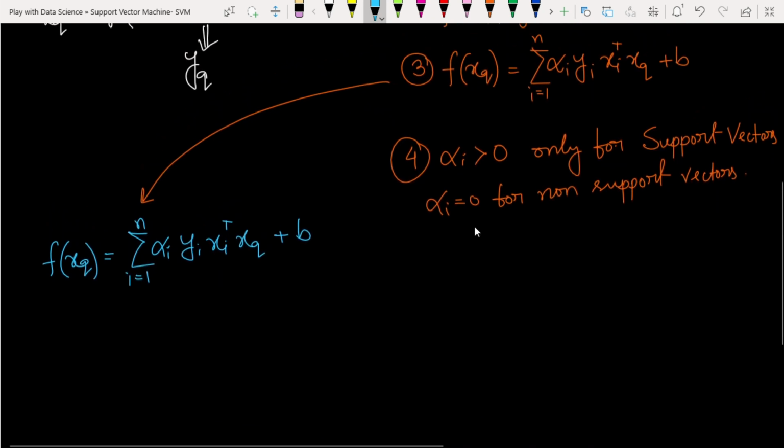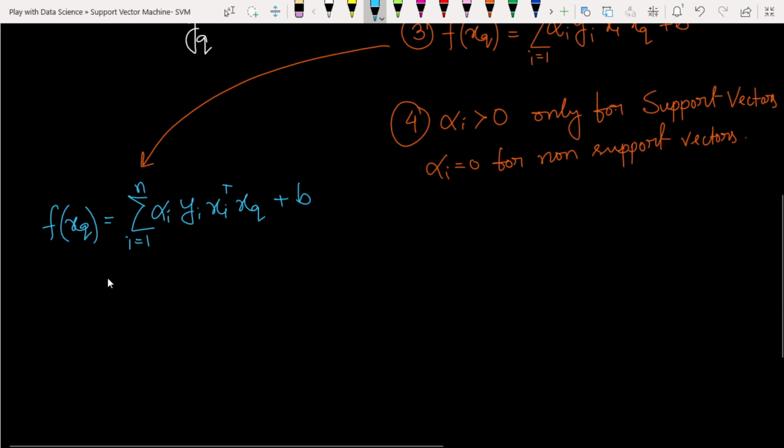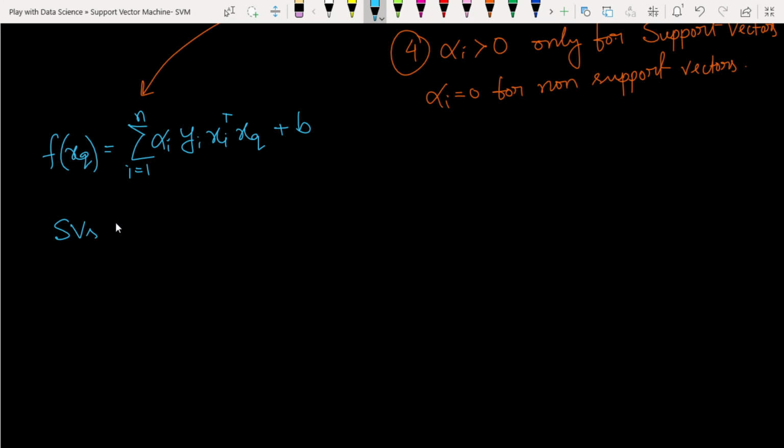This is our query equation, and from the fourth observation, for support vectors we get alpha i greater than 0, and for non-support vectors we get alpha i equals 0.